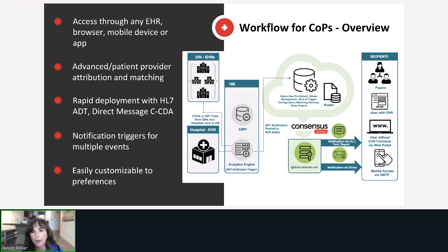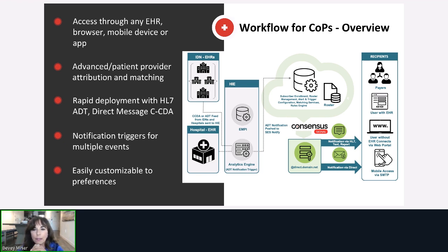Do I want to have every ADT alert sent to me? Do I want to only have discharges, or do I need to understand when a patient was transferred from one bed to the next bed? That's where all of the configurations happen underneath the settings within consensus signal.